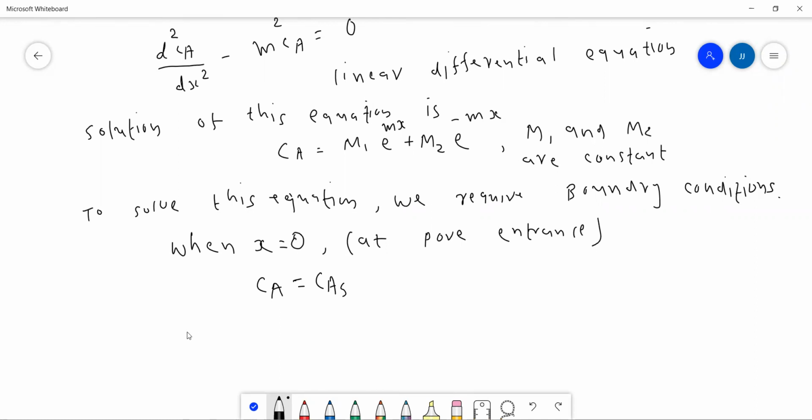Now the second boundary condition, at the end of the pore, no reaction takes place.